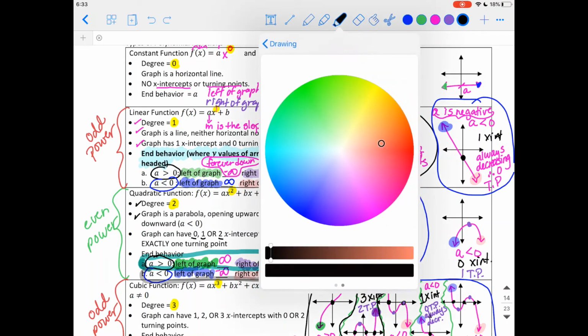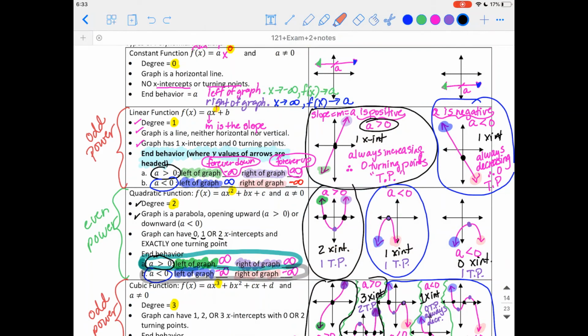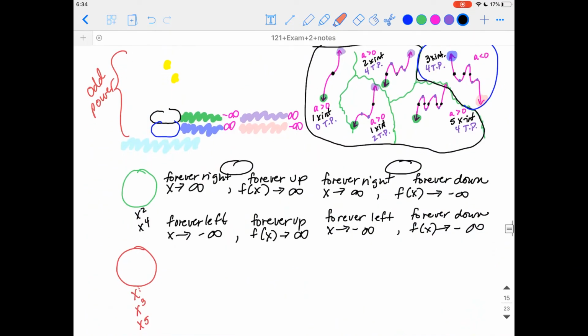I wanted this one. Okay, so did it change it? Yeah, it did. So for a greater than 0 here, all right, way too much time on the color coding here. So for the left of the graph, it's headed forever down, and the right of the graph is headed forever up. And this is for a greater than 0.